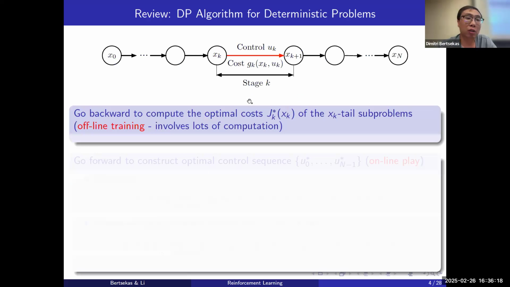You have seen this picture many times. This is a deterministic finite horizon optimal control problem where the state evolves over time under the influence of control. And at each stage, we have a cost incurred after applying u_k, and this cost is accumulated over a finite number of stages denoted by N. And our goal is to minimize this finite cost associated with a particular trajectory by choosing appropriate control sequence.